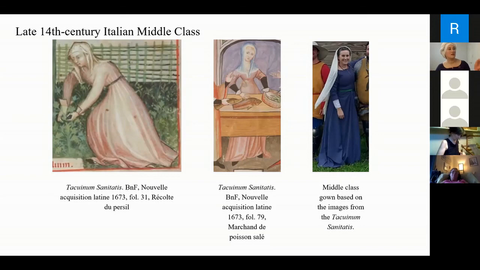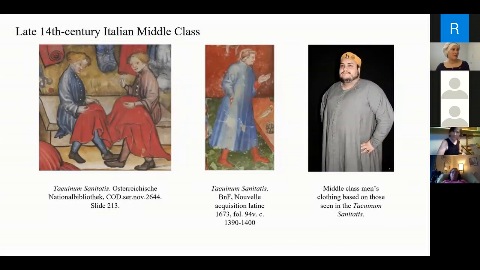So you've got these sort of lowered middle class images. And then the men's clothing of the middle class is often this draped garment. It's sort of a predecessor to the houppelande. It doesn't use quite as much fabric, which is really nice.